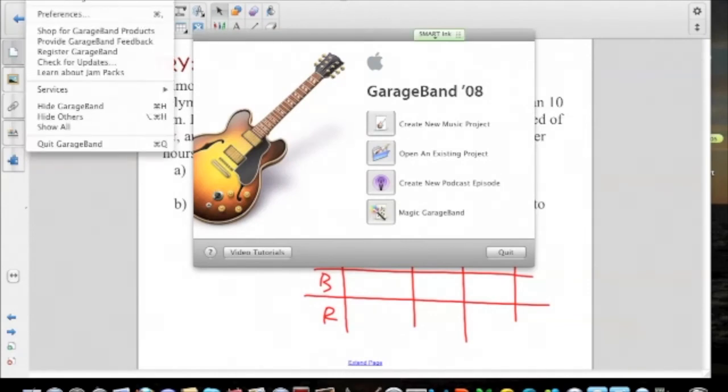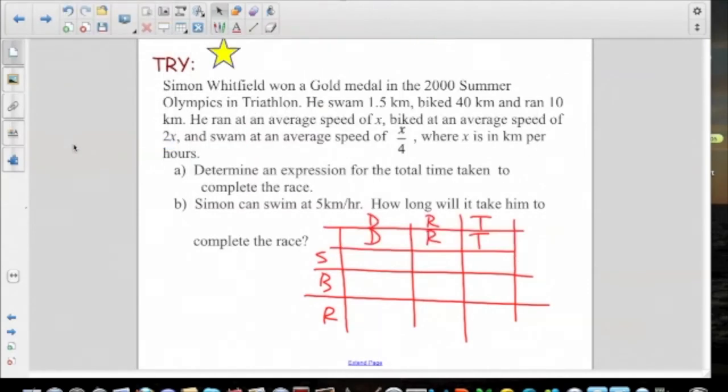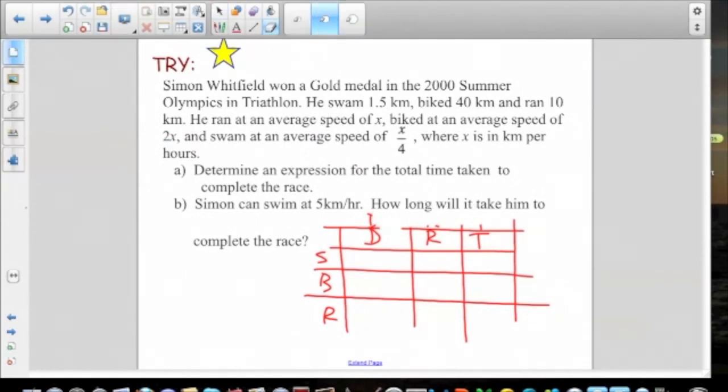Keep hitting the wrong buttons here, sorry. We are going to put in the distance that he swam. We know that's 1.5. We know the bike is 40, and the run is 10. His swim speed is x over 4, his bike is 2x, and his run is x.